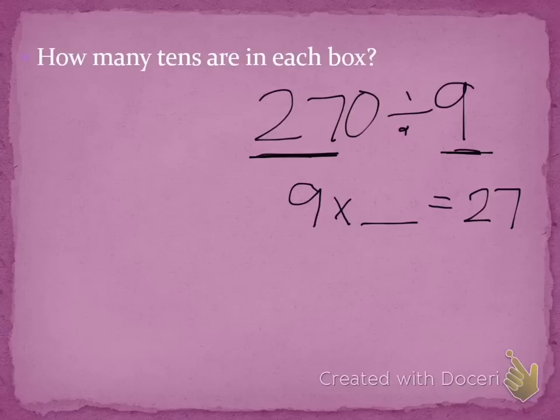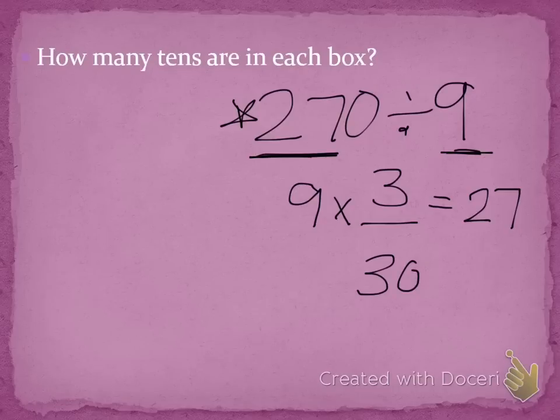So 27 divided by 9, or in this case, we're looking at the original problem of 270 divided by 9. So thinking about what you know about your facts, that automatically should give you 3. So just like in multiplication, I have to put my 0 back onto my answer at the end. So 270 divided by 9, not just going to give me 3. It would give me 30 because I have to put that 0 back on.